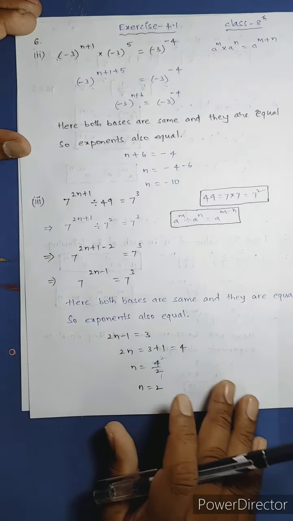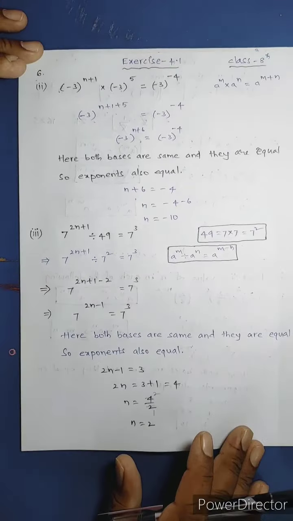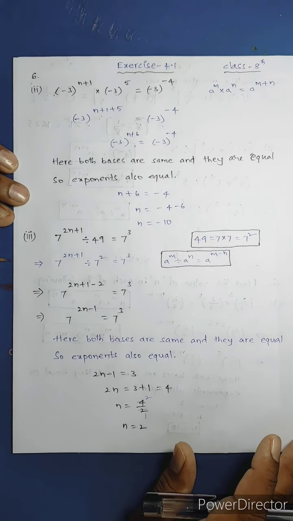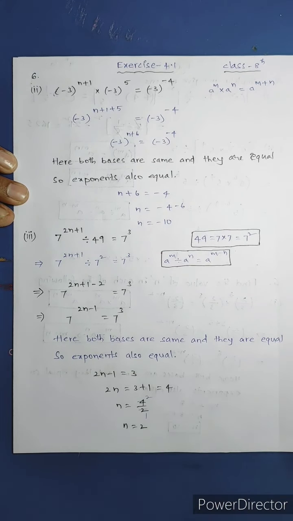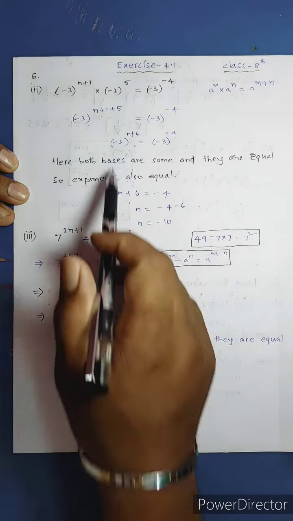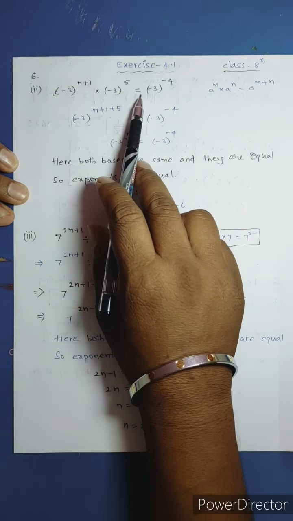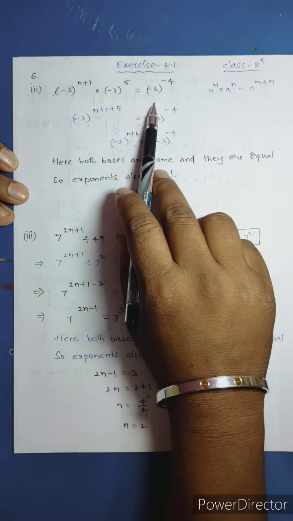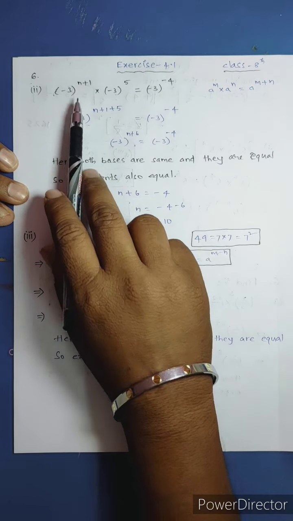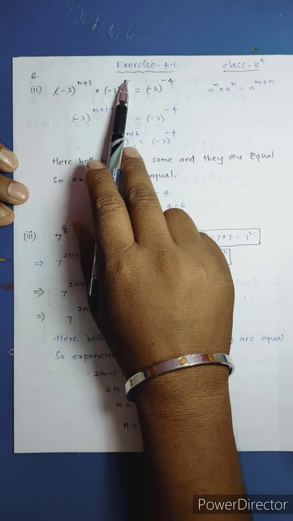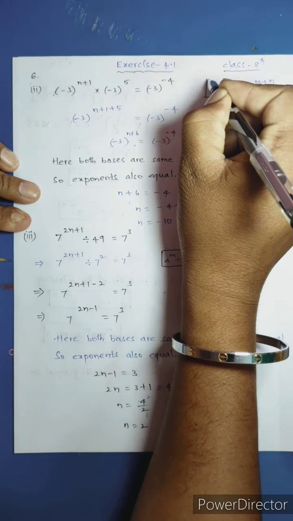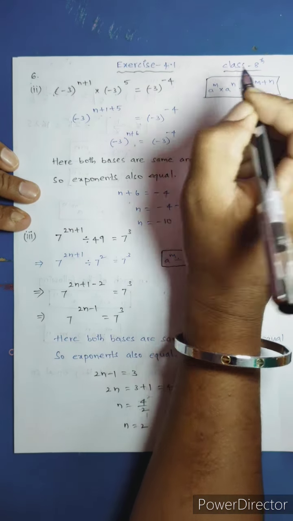Now sixth section, second problem. (Minus 3) whole power of n plus 1 into (minus 3) whole power of 5 equal to (minus 3) whole power of minus 4. All bases are same. A power of m into a power of n equals a power of m plus n, one of the laws of exponents.